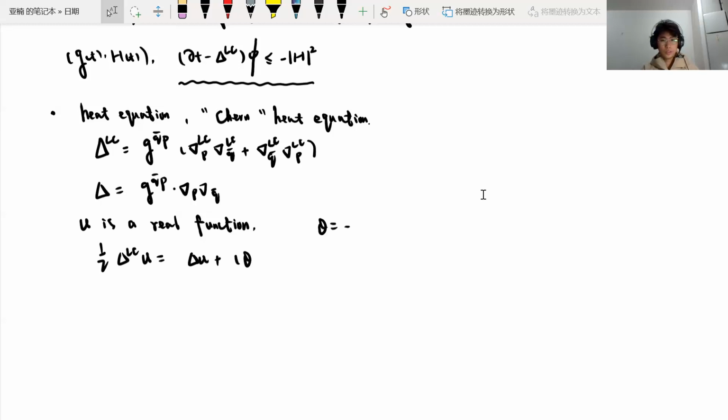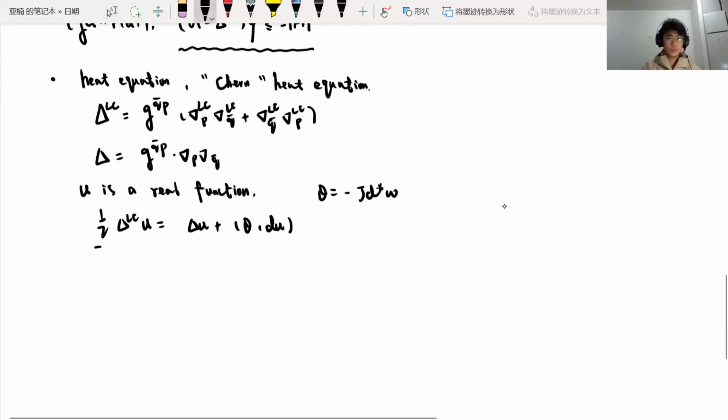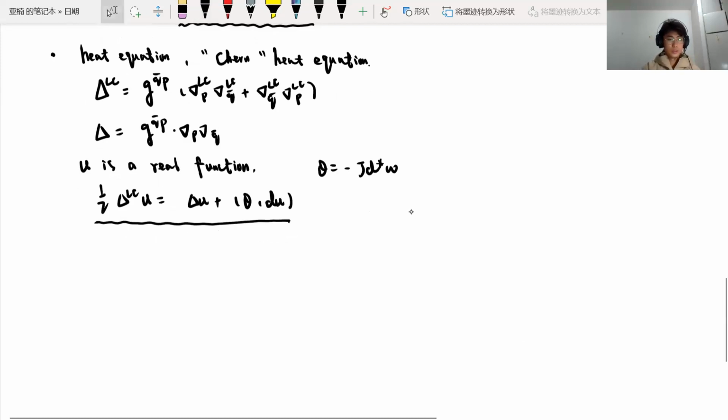We recall that it is defined by this. This is the inner product induced by the metric. The half is because we define the Chern Laplacian by just taking half. We have this relationship, and assume that u satisfies this equation.